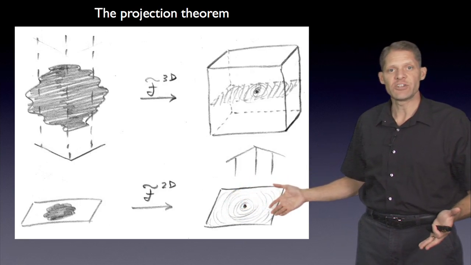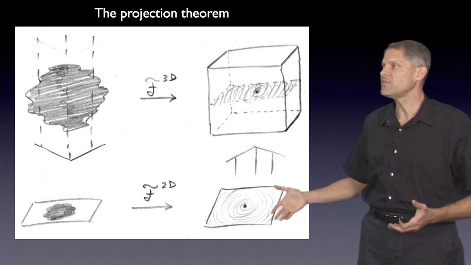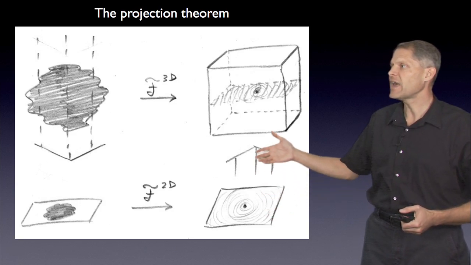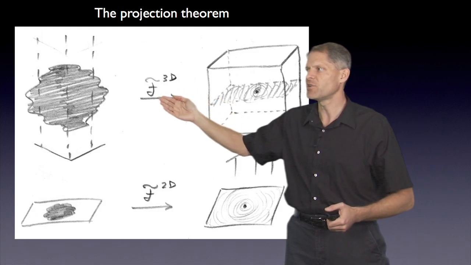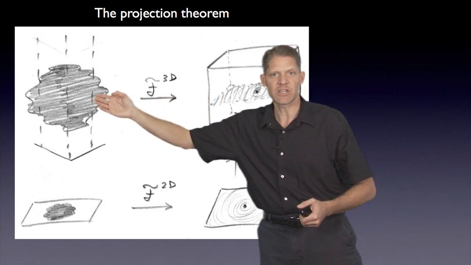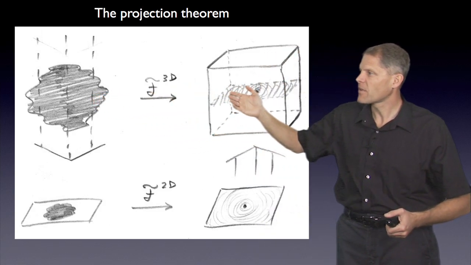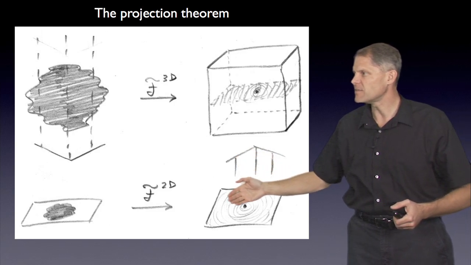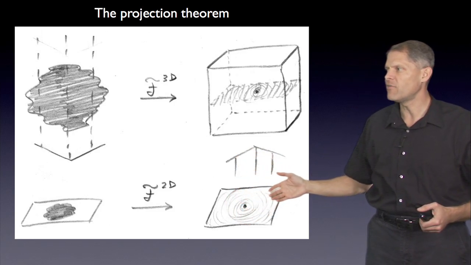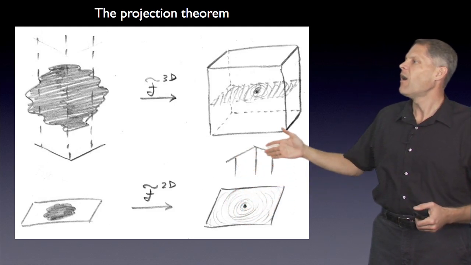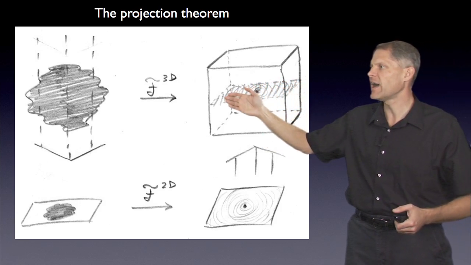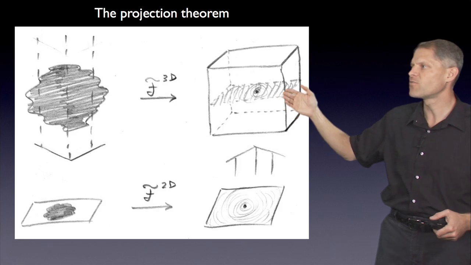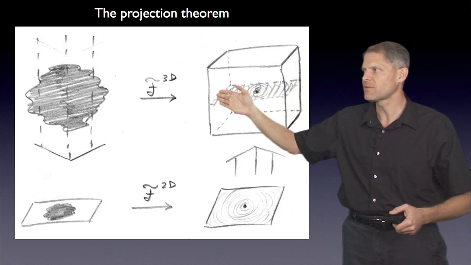And then you can ask the question, what is the relationship between these amplitudes and phases and the amplitudes and phases of the three-dimensional Fourier transform of the original object? Okay, and the answer is that these amplitudes and phases in the transform of a projection image are the same amplitudes and phases that exist on a central slice through the three-dimensional Fourier transform of the object.